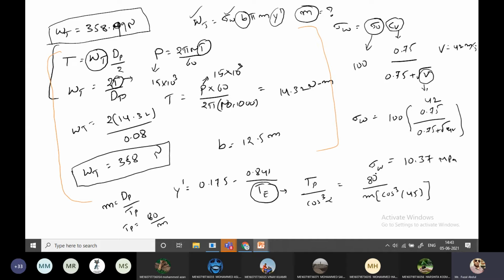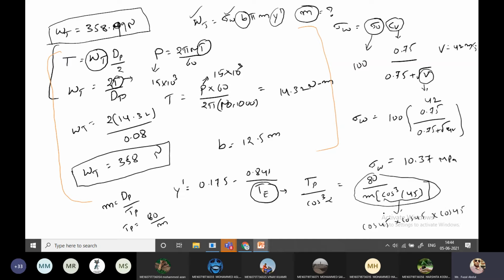So tell me this value, 80 by module cos cube 45. Don't type cos 45 cube while you are substituting the values in the calculator. First, otherwise do it like this: cos 45 into cos 45 into cos 45. If you are having difficulty getting this value, do cos 45 into cos 45 into cos 45.